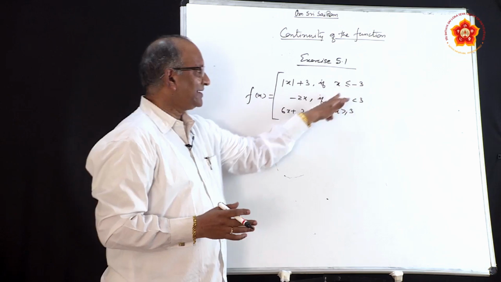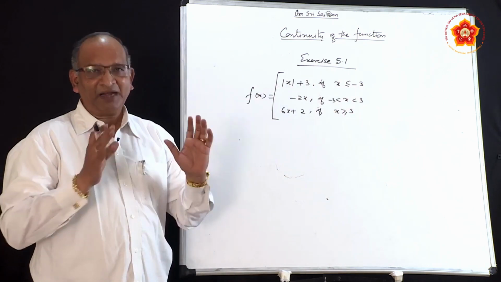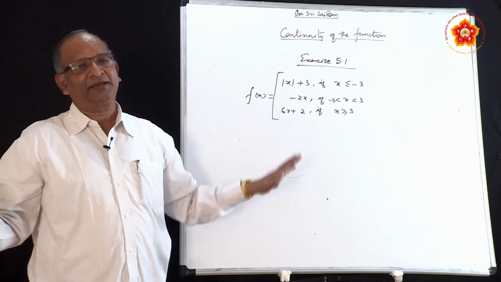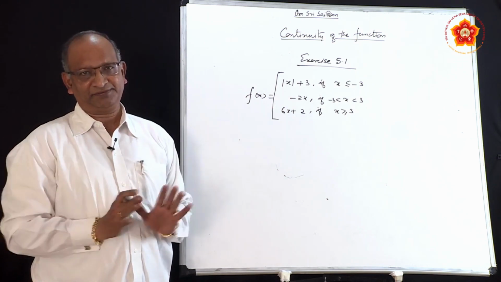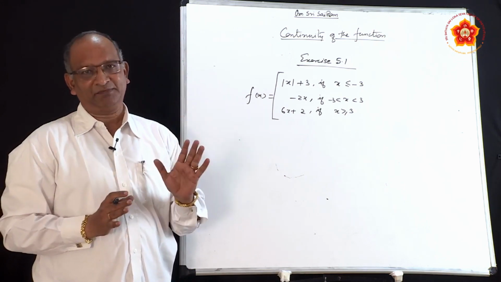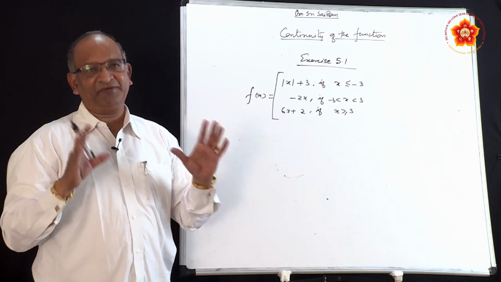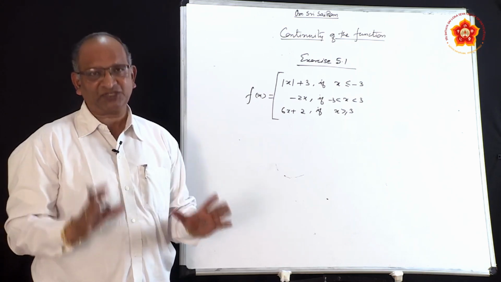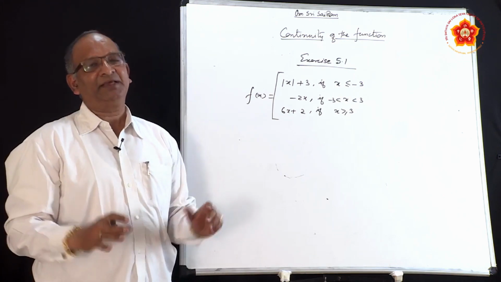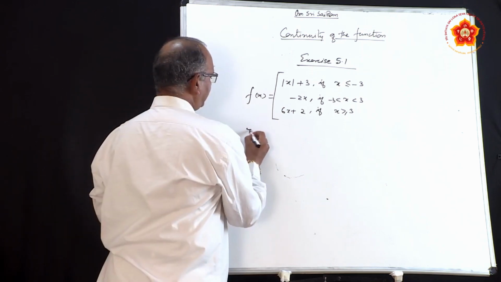At minus 3 it is changing. At 3 it is changing. Apart from this minus 3 and plus 3, for any real number, given function is continuous. So let us check only at these 2 points. But before you check, you mention that the given functions, not one because there are 3 different functions, are continuous in the given intervals.